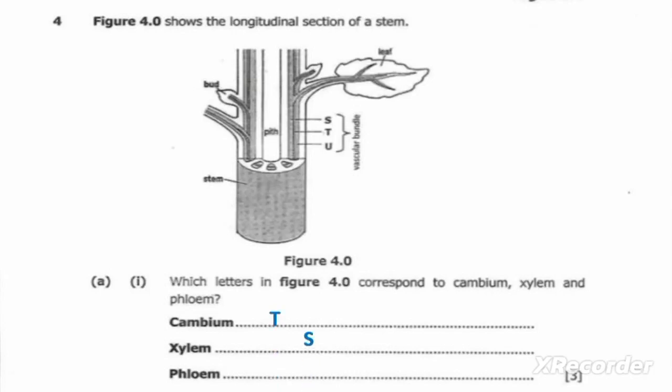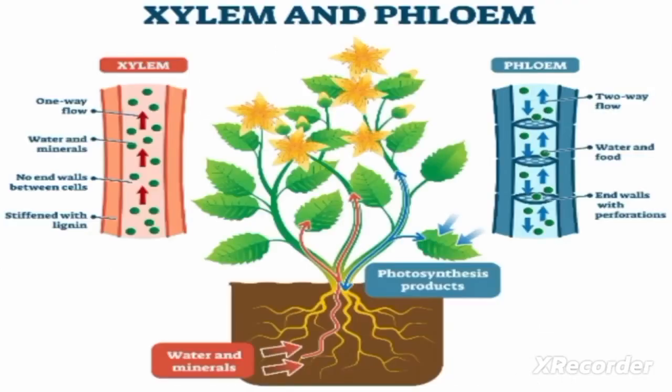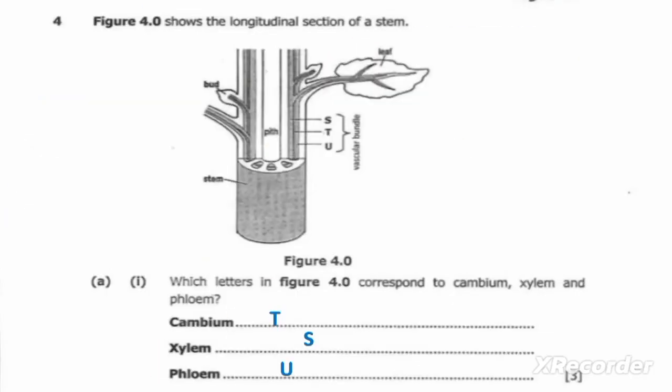S represents xylem. U represents phloem.